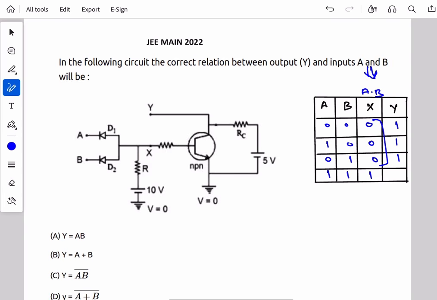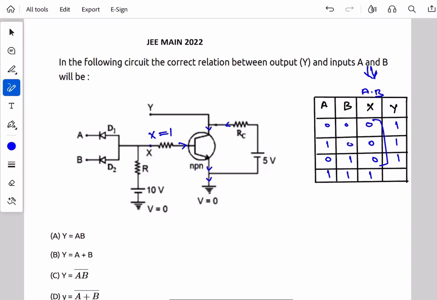In the last case, X is in the on state. So this time there would be current in the base terminal of the transistor and the transistor would be in the saturation state and there would be maximum current in this resistor RC.